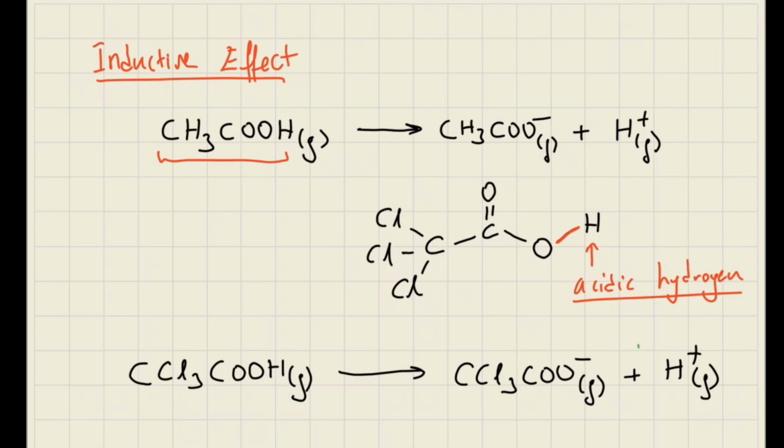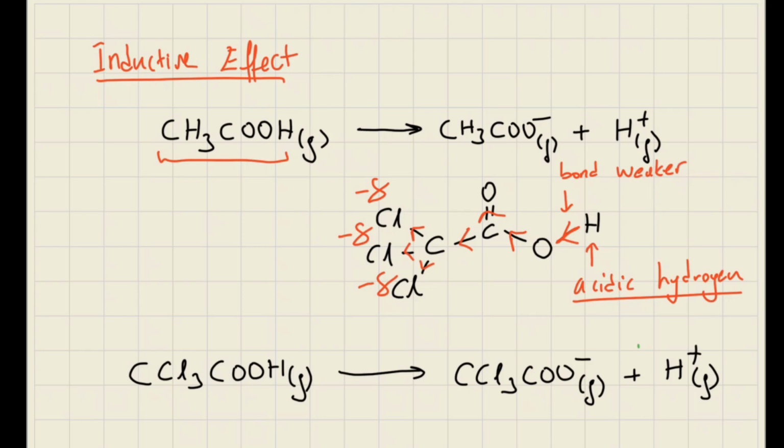What's happening is that chlorine is more electronegative than hydrogen. In this case, it takes the electrons to itself, and there will be a negative charge here, definitely due to the electronegativity of the chlorine atoms. So this bond becomes weaker, and a weaker bond causes a more acidic molecule.